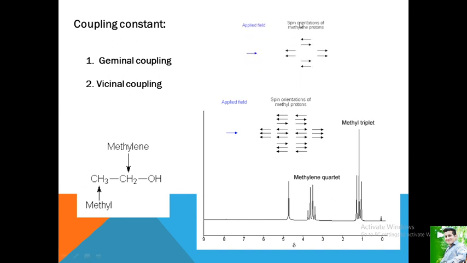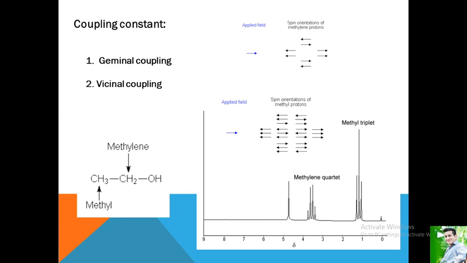And this is the orientation of the protons when we apply the magnetic field. Here, in the first combination, the spins are paired and opposed to the field. This has the effect of reducing the field experienced by the methyl proton.